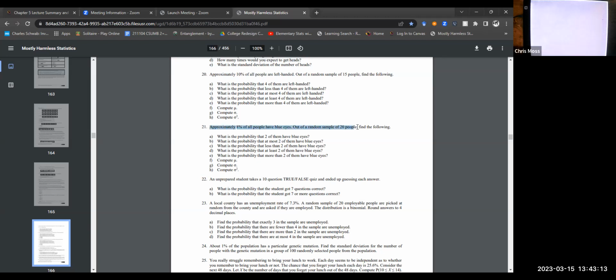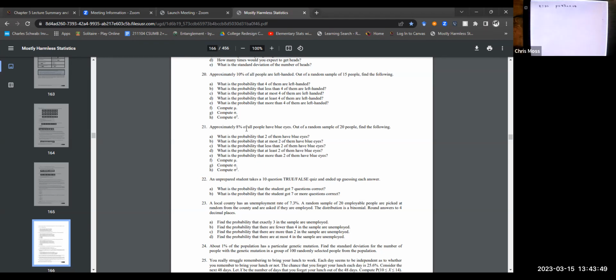If I read the introduction to the problem here, there are 20 people. So I know that my sample size is 20, so n is equal to 20. Since 8% of all people have blue eyes, and we're talking about blue-eyed people, p is equal to 8%, or better yet, 0.08, which is what I need, not the 8%.